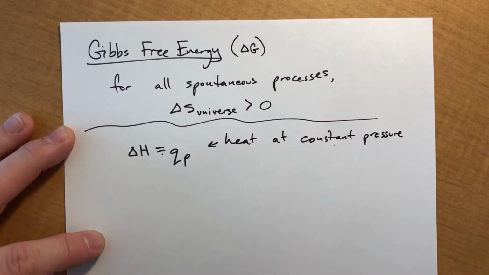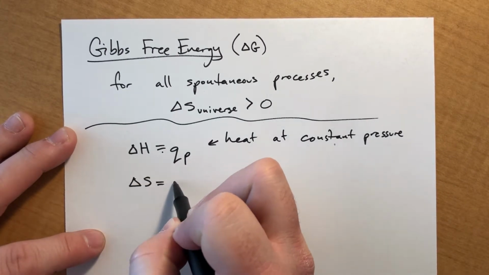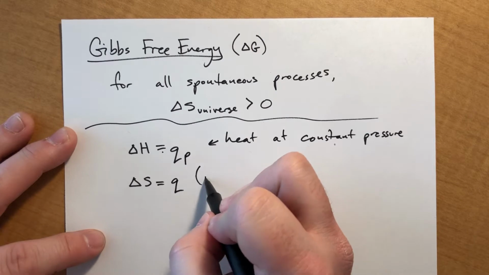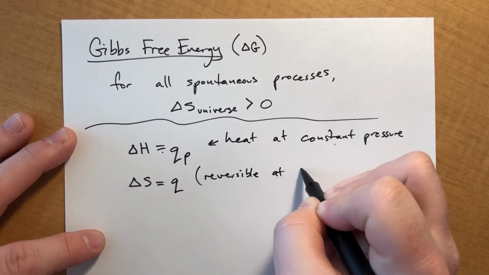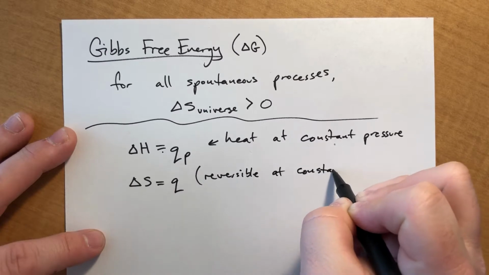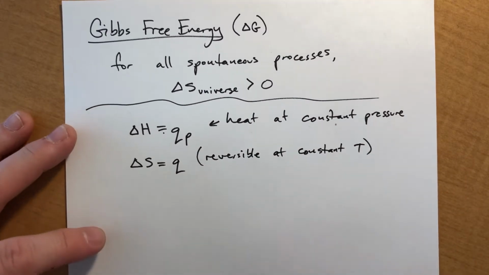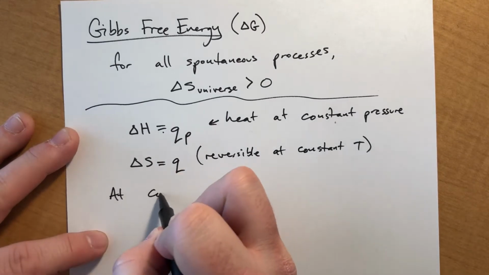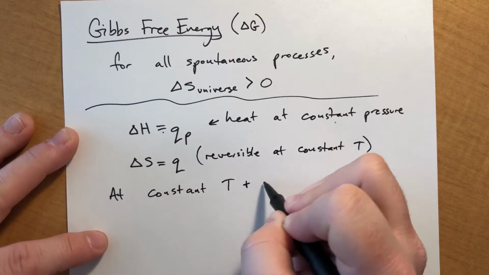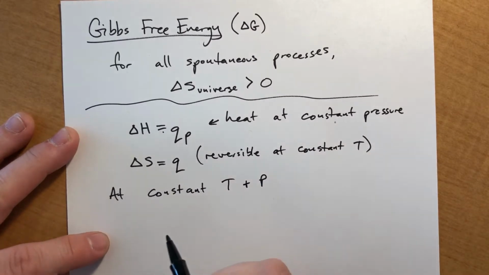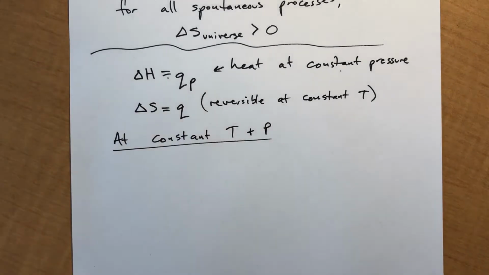Okay? And we've already said that delta S is the Q, and it's got to be reversible at constant temperature. Okay, so if we assume that we are at constant temperature and constant pressure, which in lab conditions is not really that uncommon, it turns out that we can simplify a few things.